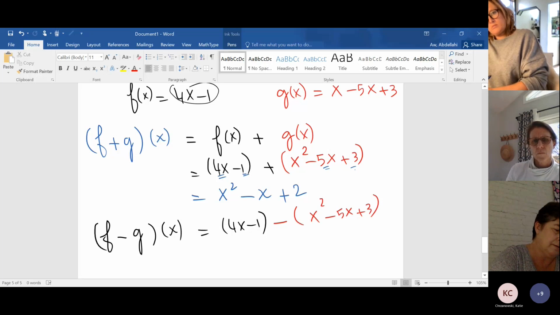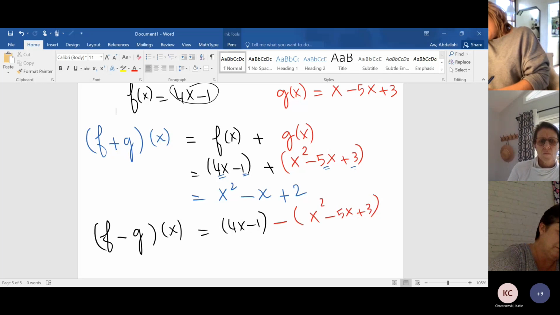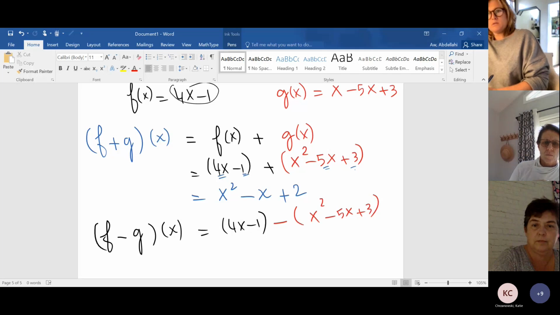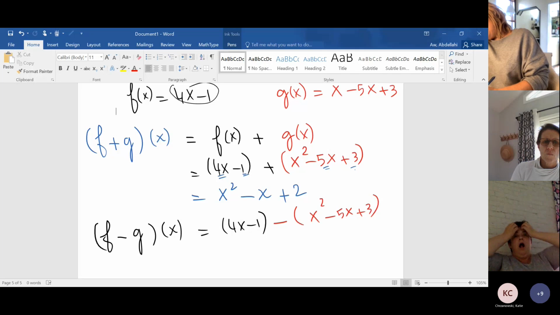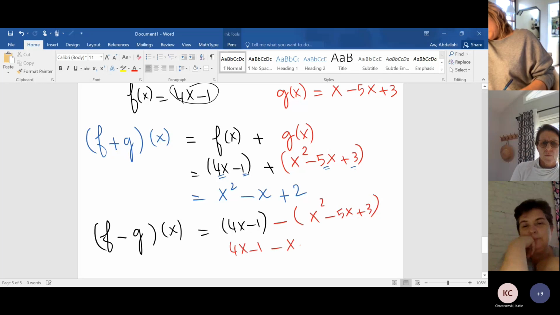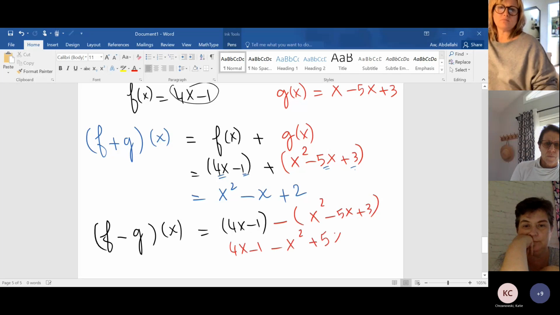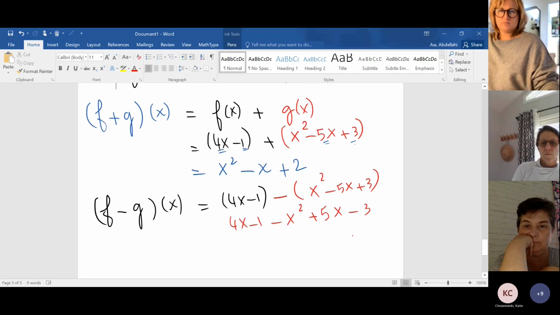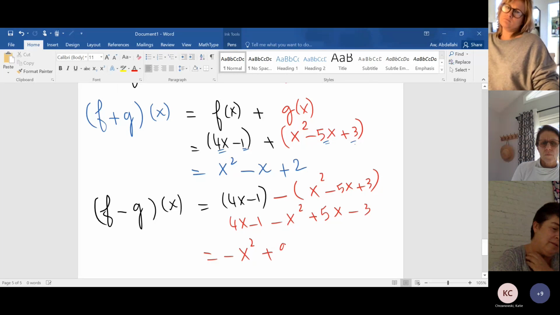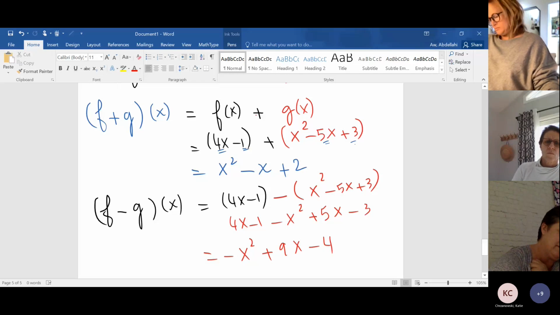And then the next step would be just to simplify this answer. If I put multiplication, you're going to multiply both parentheses. If I put division, you're going to divide both parentheses. So this one, when you reduce, is going to be 4x minus 1 minus x squared plus 5x minus 3, which ends up being negative x squared plus 9x minus 4, etc., etc.